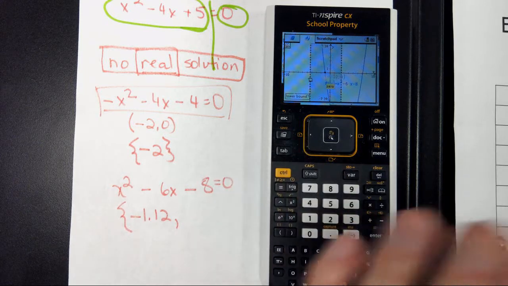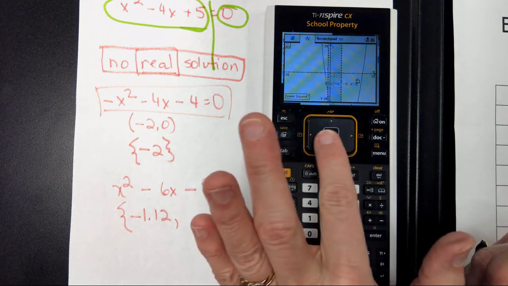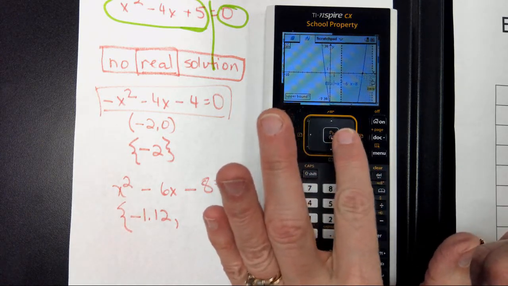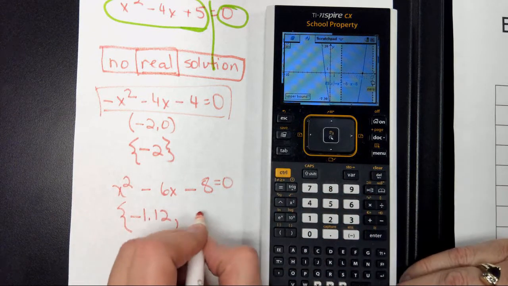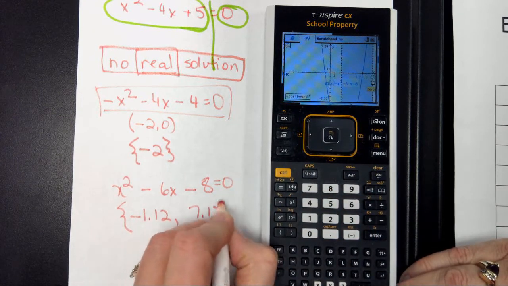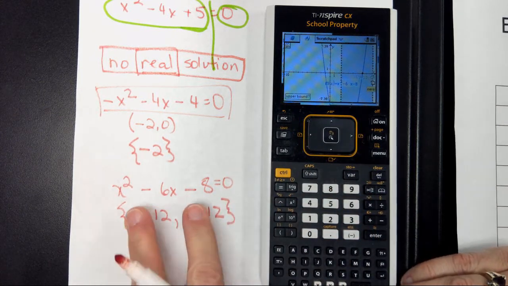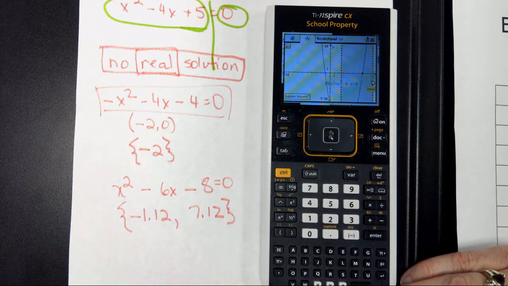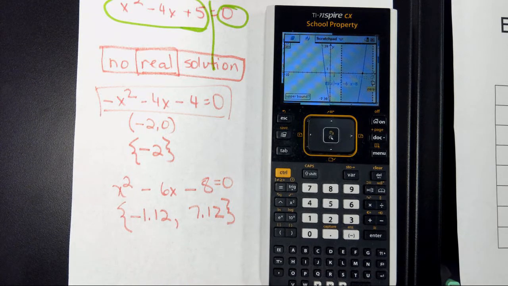I didn't click. I'm going to drag it to the other side now, and I get 7.12. So those are the solutions to this quadratic function. And that's how you use the calculator or the graphing method to solve a quadratic function. Good luck.